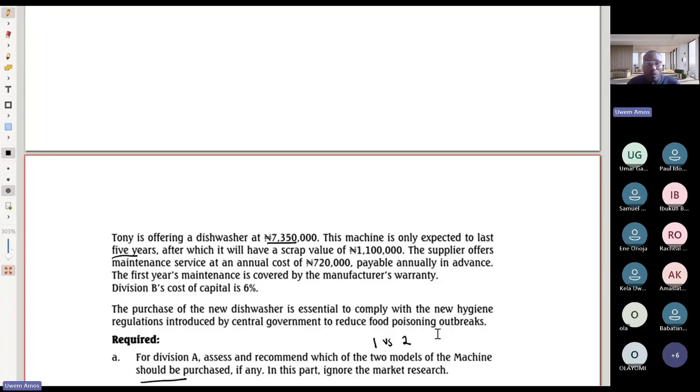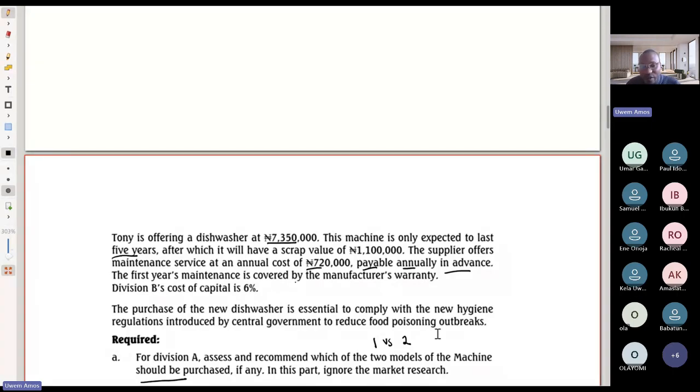Then the supplier offers maintenance services at the cost of 720,000 payable annually in advance, and the first year's maintenance is covered by the manufacturer's warranty. The cost of capital is 6%.